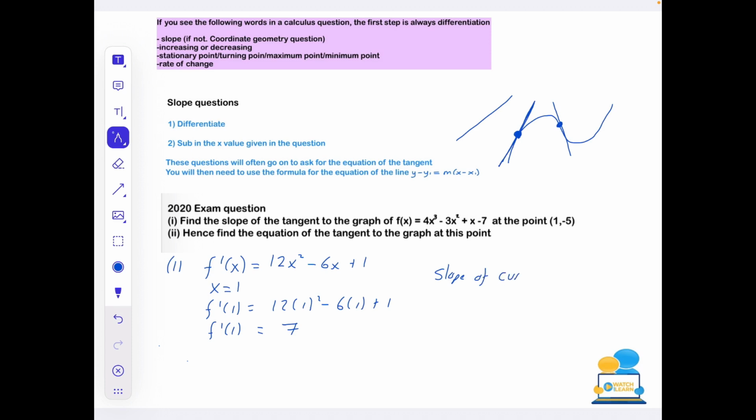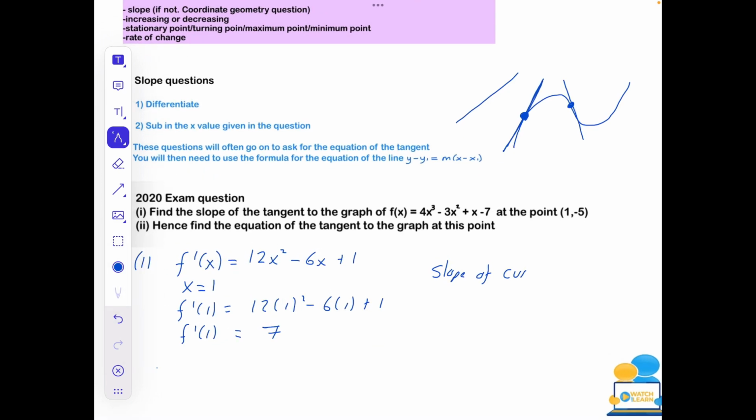So the slope of the curve at the point (1, minus 5) is 7.